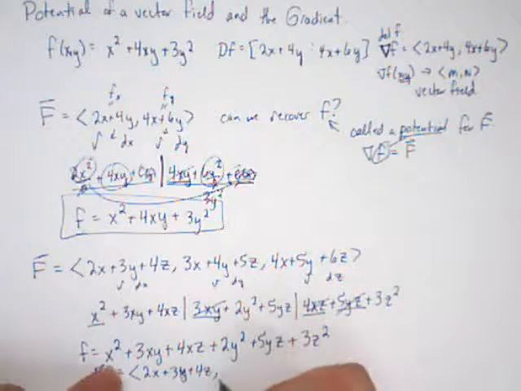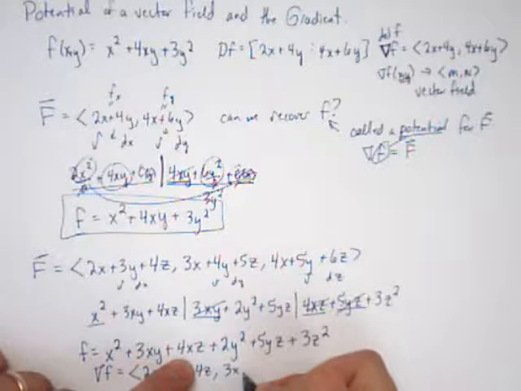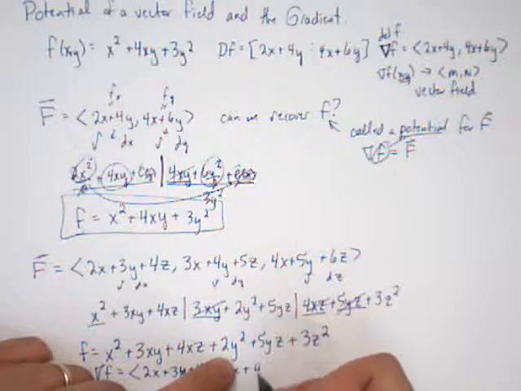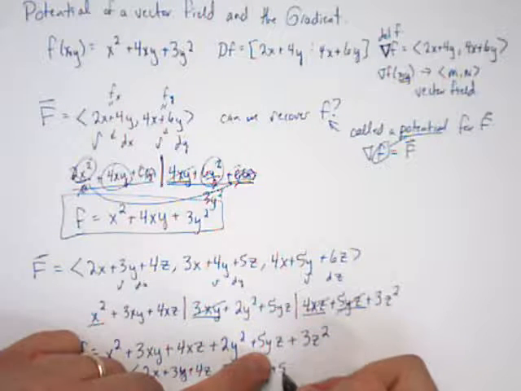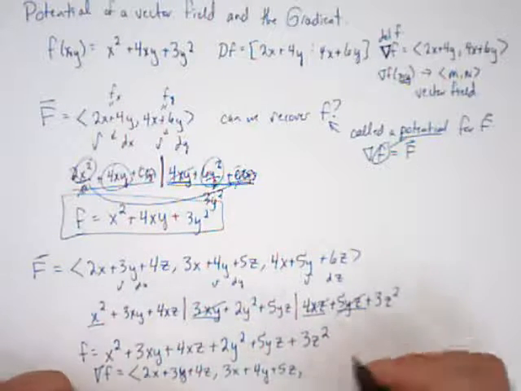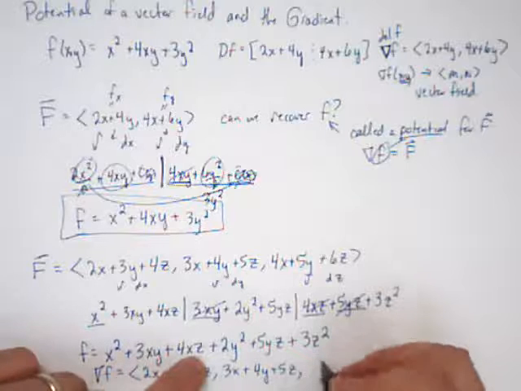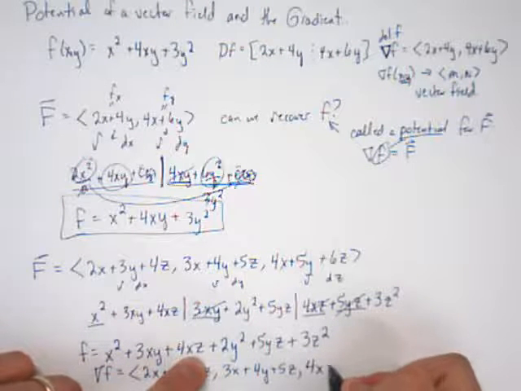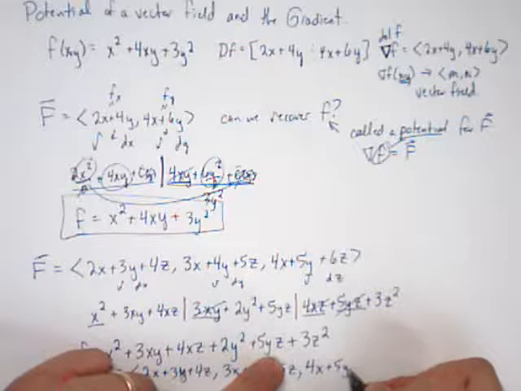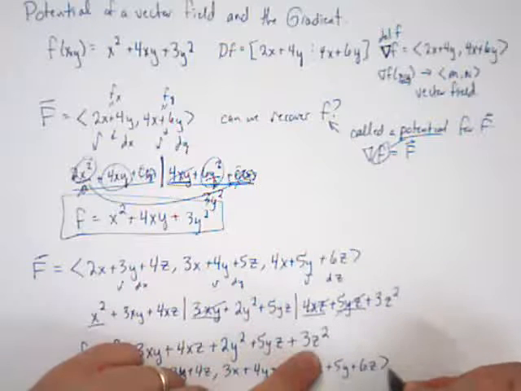Now I take the derivative with respect to y, 0, 3x, plus 4y plus 5z, 0. Now the derivative with respect to z, 0, 0, 4x, plus 0, 5y, plus 6z.